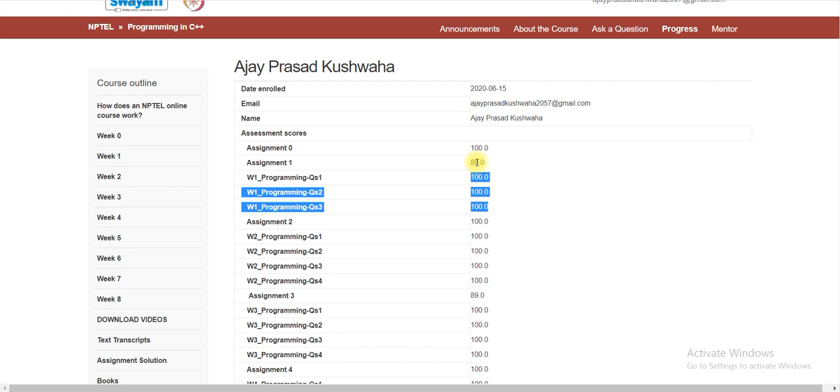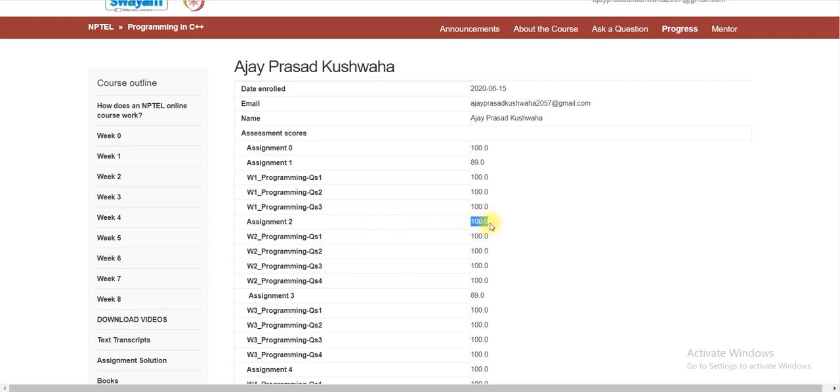So 89 plus 0 is 89, and divide by 2, because there is programming plus quiz assignment score. So by 2, nearly 45 you will get. Let me calculate for week 2, assuming you have not done programming. Here there are 4 bits. If you have not done them, you get 0 by 4, so a 0 score plus 100.